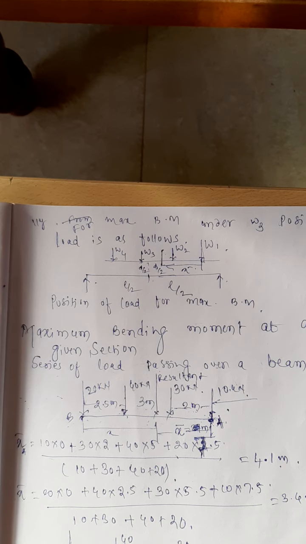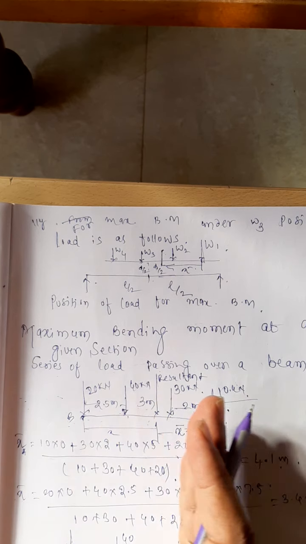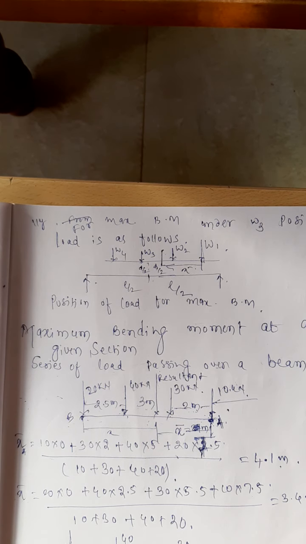Location is given to you. At this location, when these loads are passing, I want the maximum bending moment. What to do for that? And the second category of problem is when these loads are moving from one end to the other end, I want the maximum bending moment near a particular load.